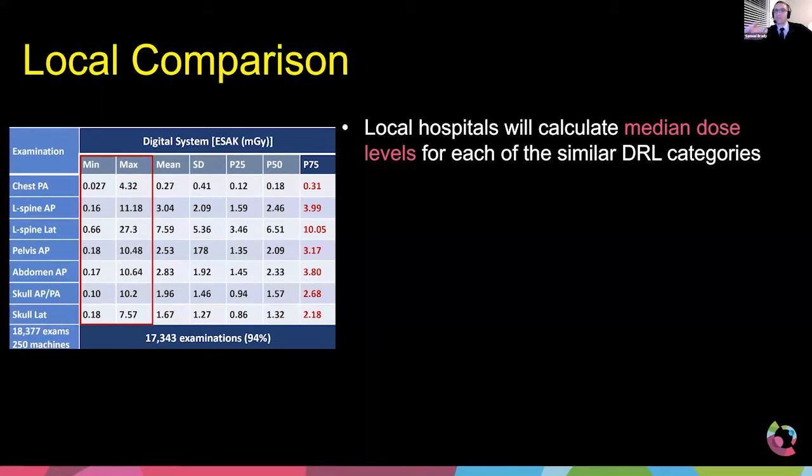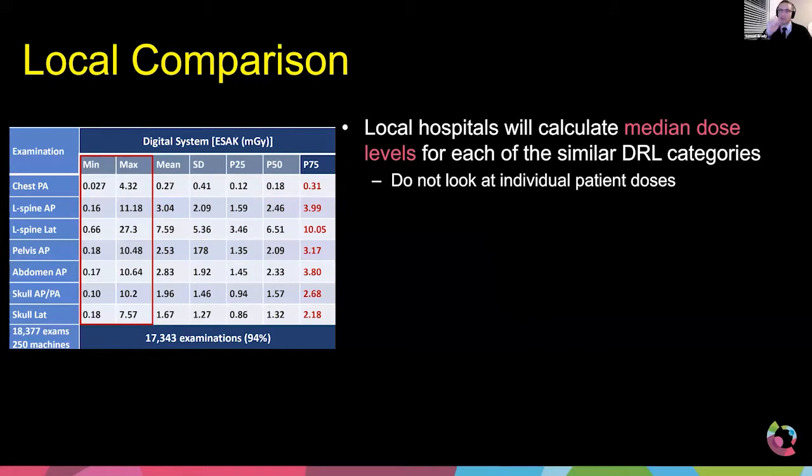And so they can start to collect specific patient data in each of these examinations, and that hospital will calculate the median value. And that median value will be compared to the 75th percentile or the DRL. Now, they will not do this as an individual patient. In other words, you see here now that they're collecting a population of data.